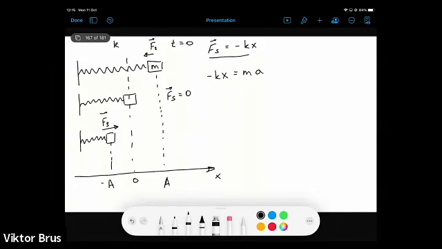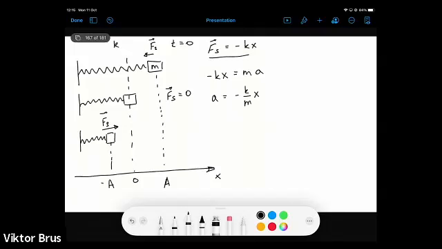So in this case, it's acceleration along axis x, the one-dimensional case. From this equation, we can express acceleration, which is minus k divided by mass m times x, which is displacement.